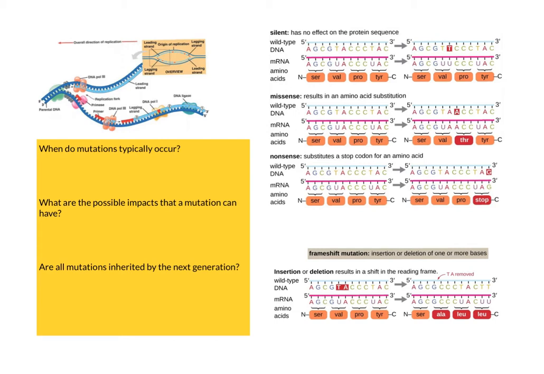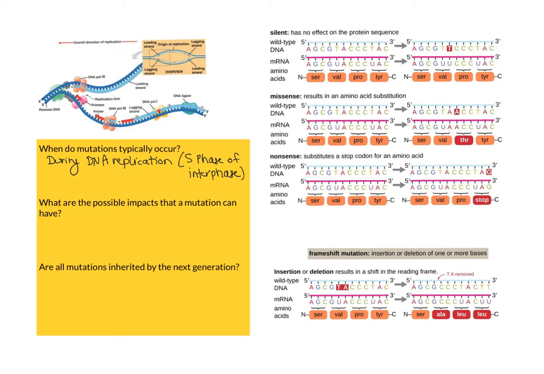So quick refresher: a mutation is just a change in the DNA sequence, that is, the specific base pairs of DNA. Now, mutations typically occur when DNA is being replicated. During DNA replication, which we know from Unit 4 typically occurs during the S phase of interphase, when we think about the cell cycle.